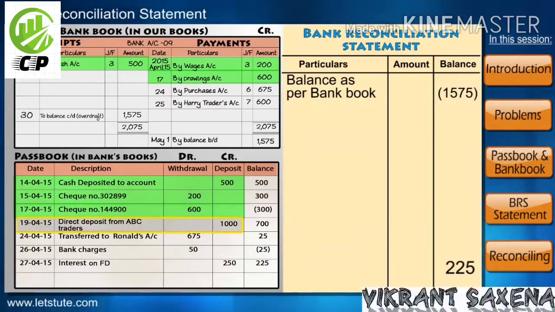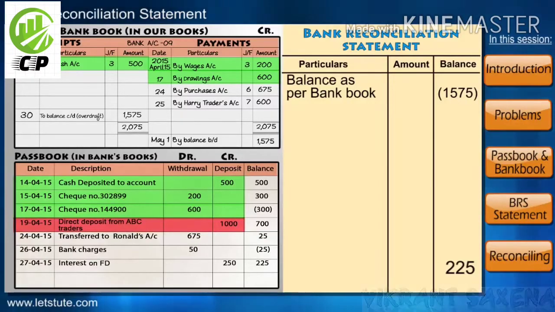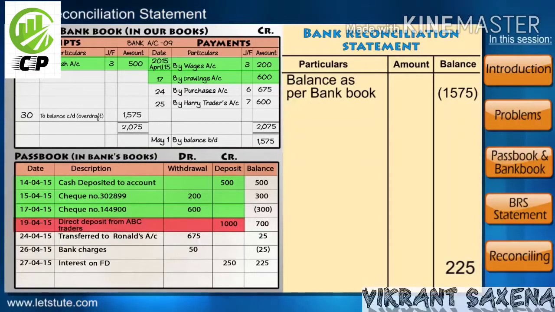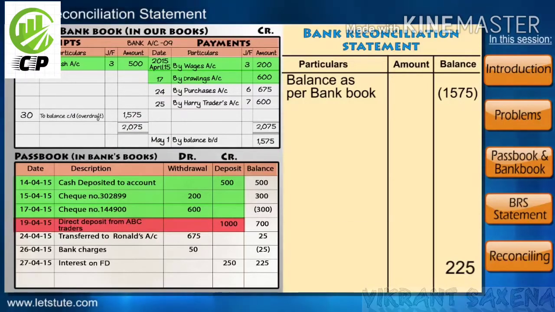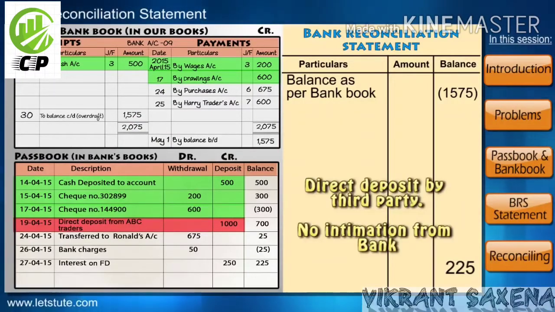So far we can see that entries are the same in both the books. Then on the 19th, there is an entry in the passbook that we got direct deposit from a third party for 1000, and this entry is not there in our bank book. It may be because we have not got any intimation from the bank, so we have not recorded it in the bank book.